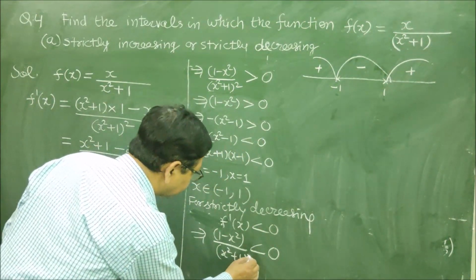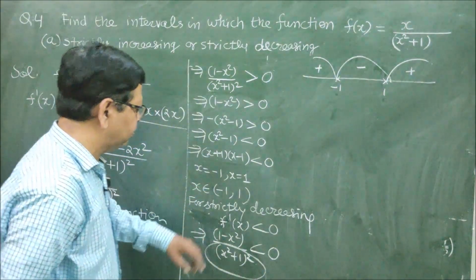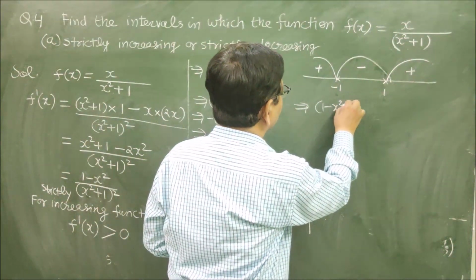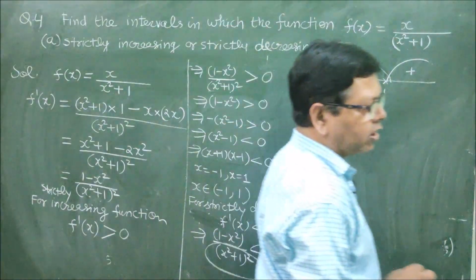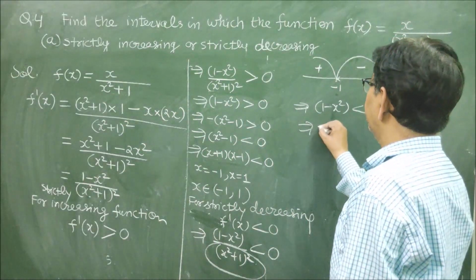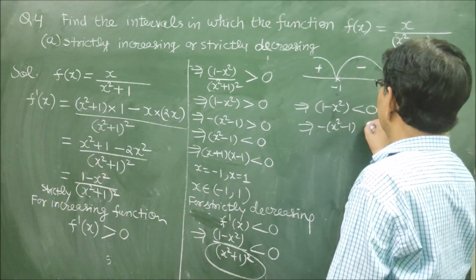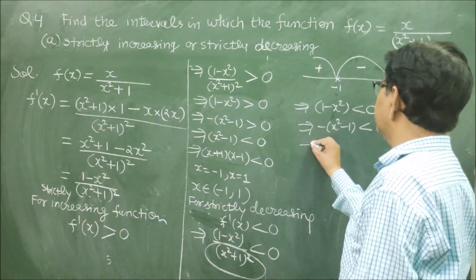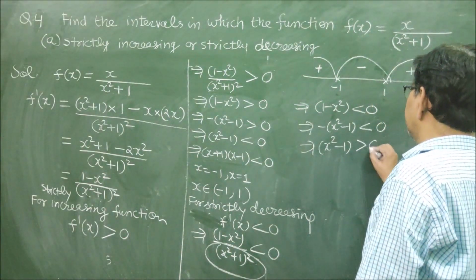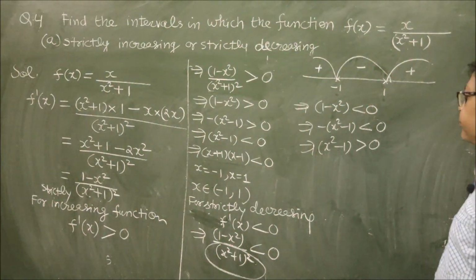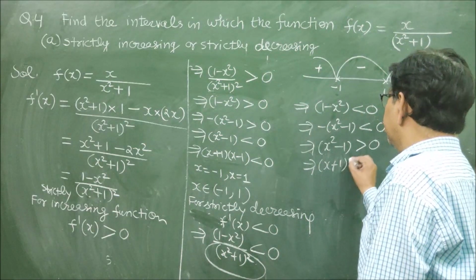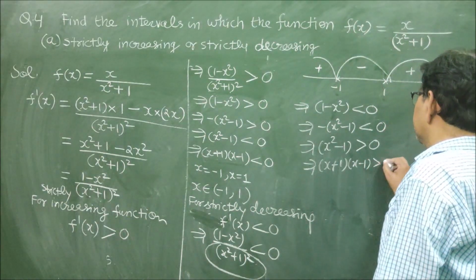This is always positive, so we are left with the inequality 1 minus x square should be less than 0. Now taking negative sign common, we get minus of x square minus 1 is less than 0. Multiply by minus 1 and the inequality will be reversed. x square minus 1 is greater than 0. Or you can say x plus 1 into x minus 1 is greater than 0.